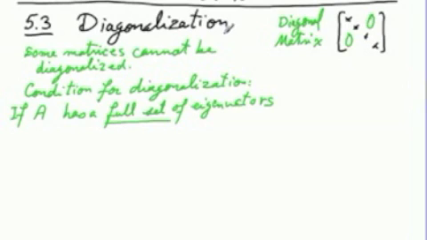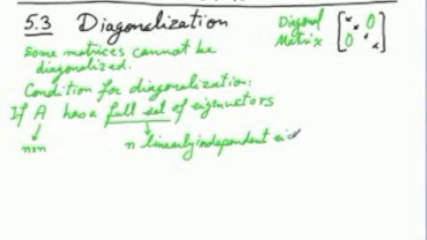Diagonalization can happen if your matrix is n by n and it has a full set of eigenvectors, which means n linearly independent eigenvectors.